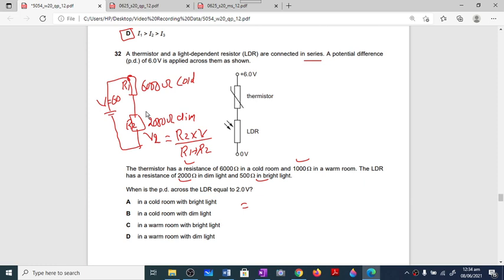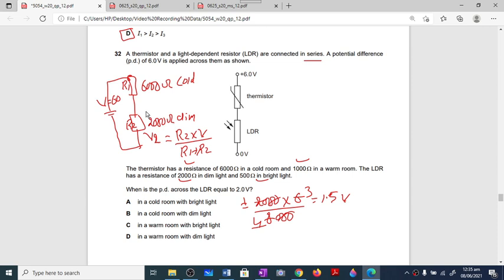So R2 is 2000, multiplied by 6 and divided by 6 plus 2, 8000. So 3 by 2, that is equal to 1.5 volt. So it means that this condition is not possible. Now let's see the other.